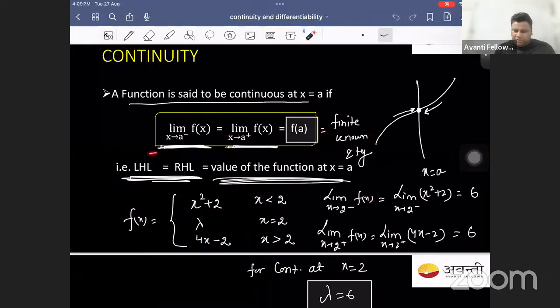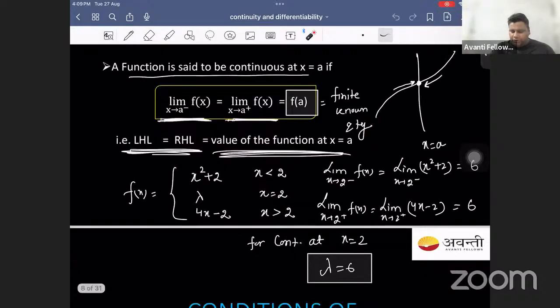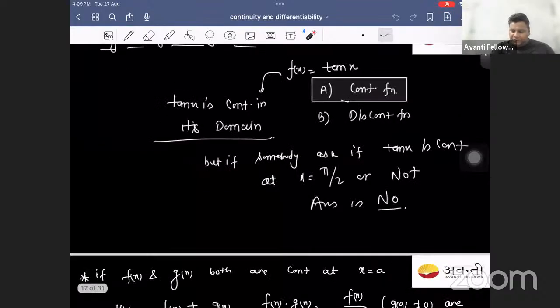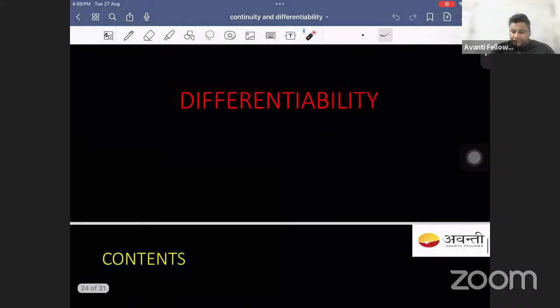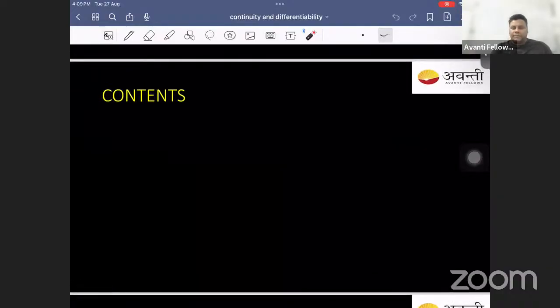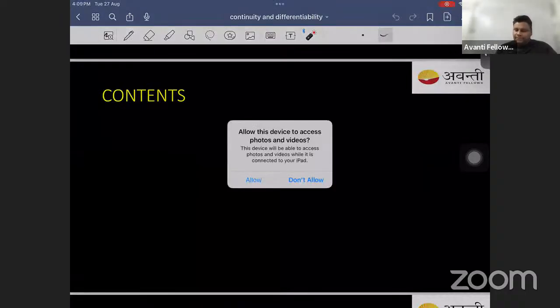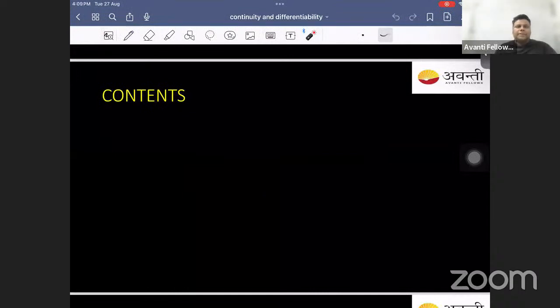And that should be a finite known quantity. All right. So today we are going to talk about the differentiability of a function.